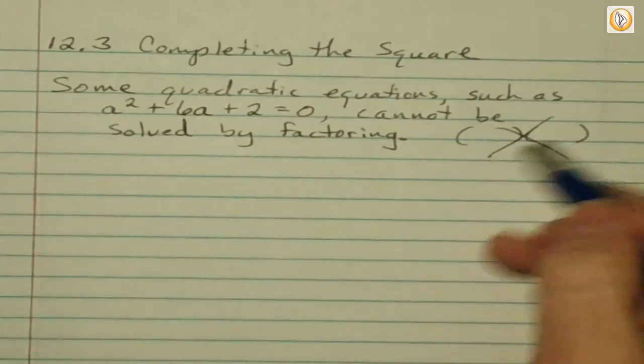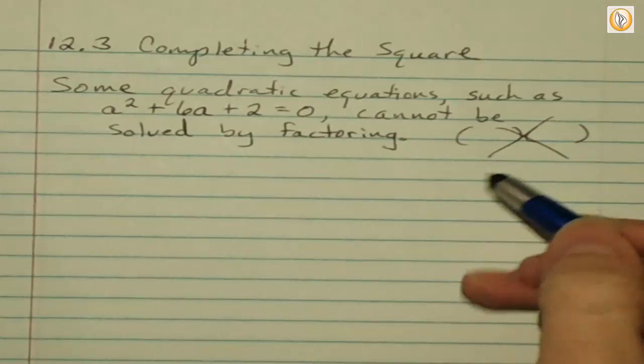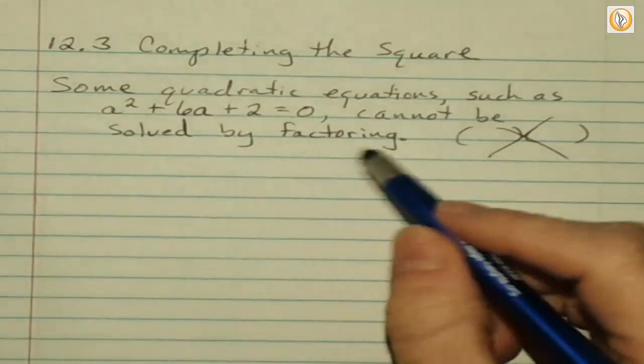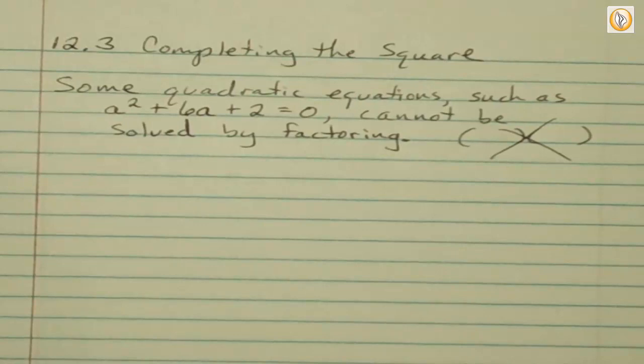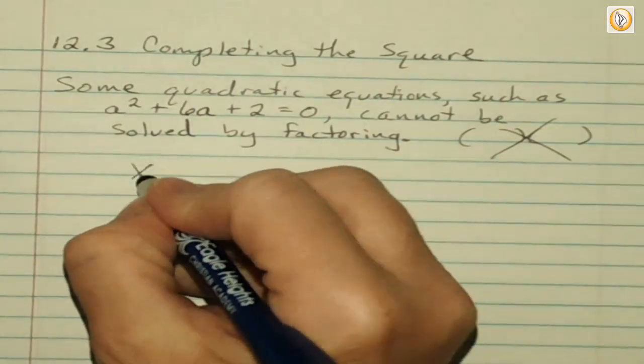Okay, so you know how we break it up and everything? There are some equations that cannot be solved by factoring. Some quadratic equations. So, you have this formula.